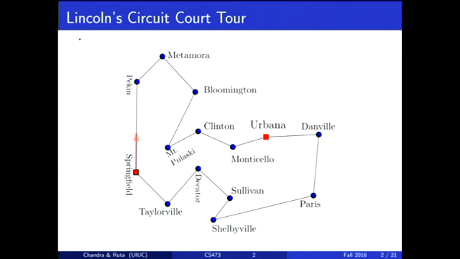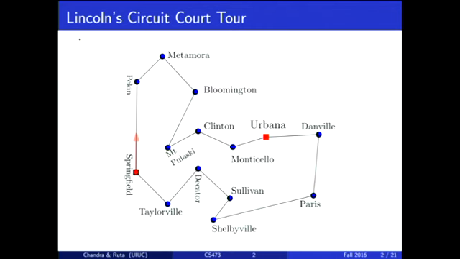So this is how he would go, right? This is his tour, right? These are all the towns he had to visit, right? So his goal, one of his goals, was to minimize the time he took to finish this tour, right? So that's really the traveling salesman problem, right?